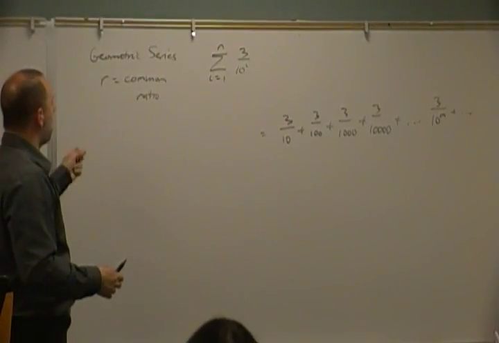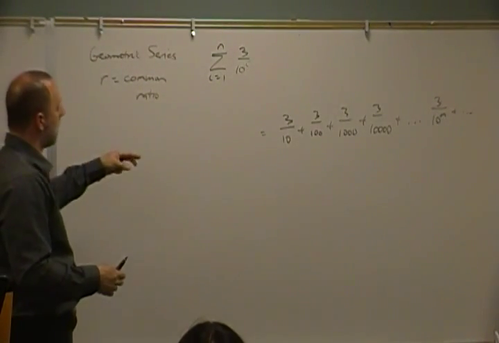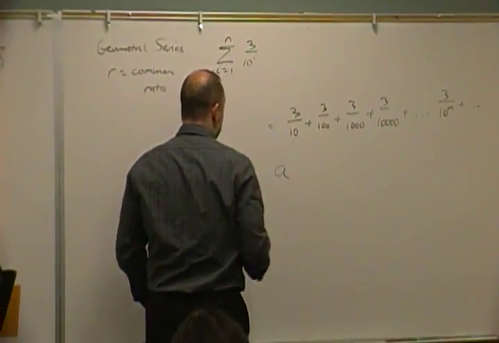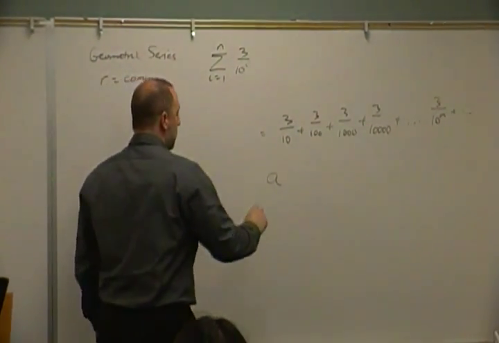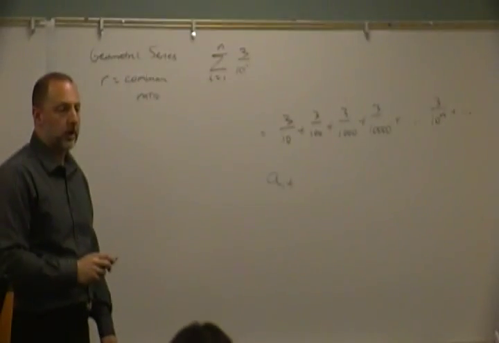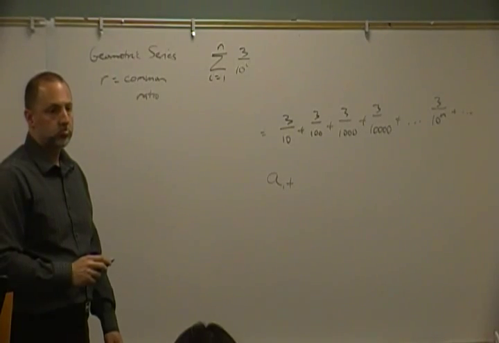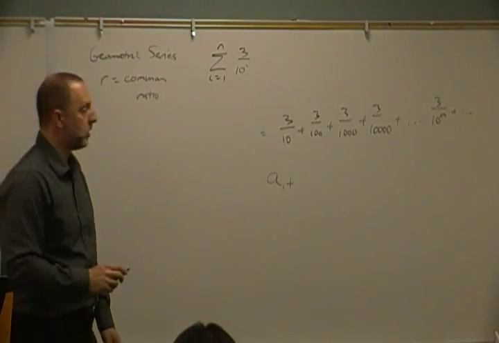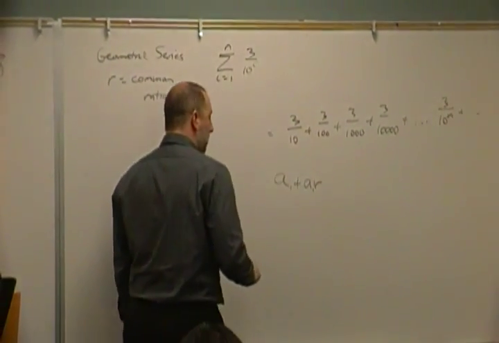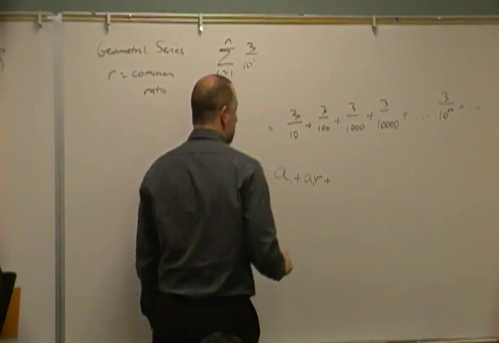So the question is, if we have a series, we can write a series like this. My first term we usually call A, or A sub 1. So what would my second term be if I'm using R as my common ratio? It would be A sub 1 R, plus, what's my next term?